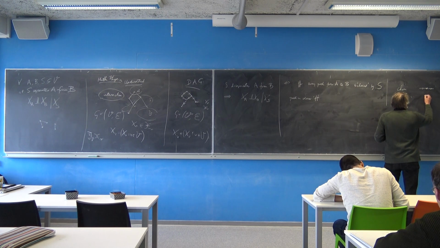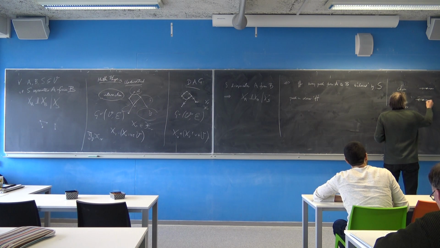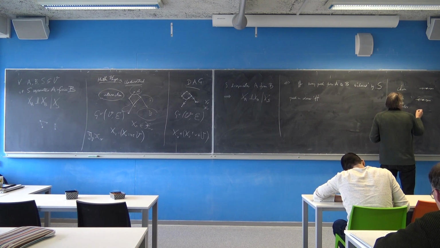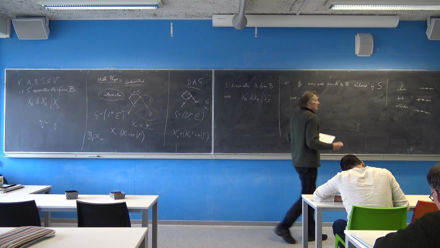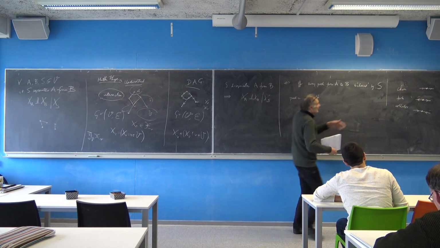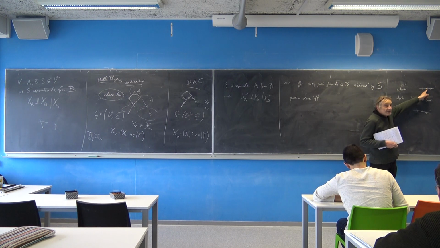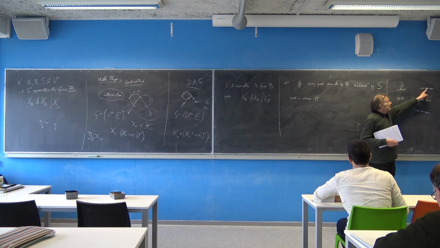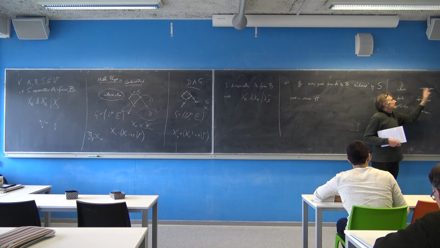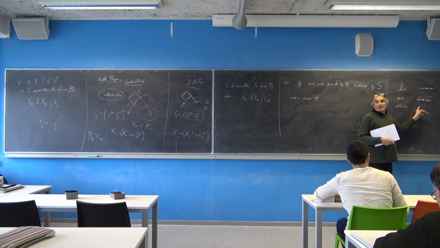A fork is obvious what it is. That's like that. And a collider is this. So I'm talking about the characteristic of the vertex relative to the path. The vertex in the path is sitting a little bit like this, or a little bit like this, or a little bit like this.